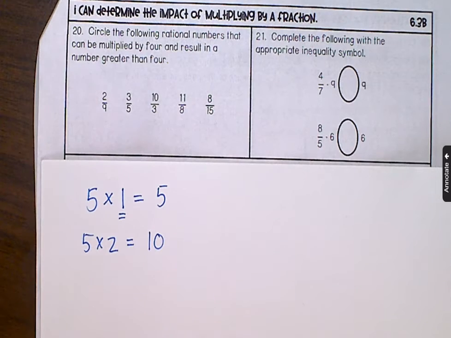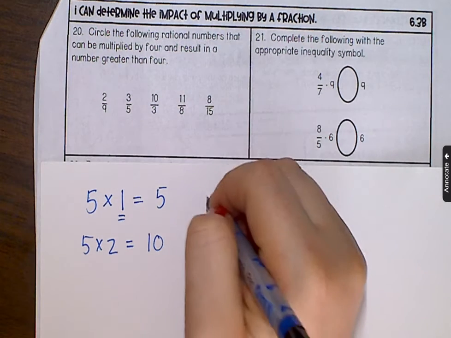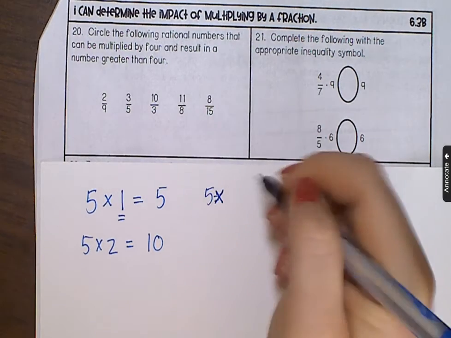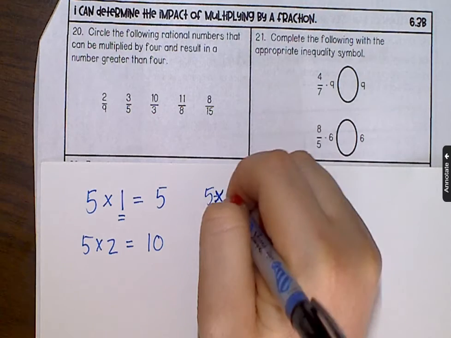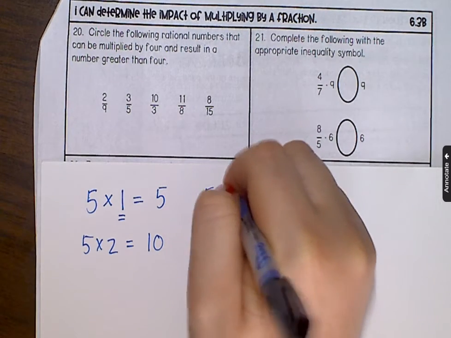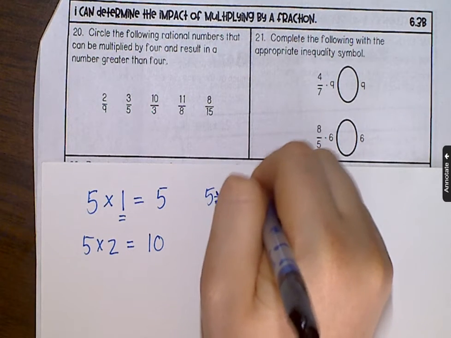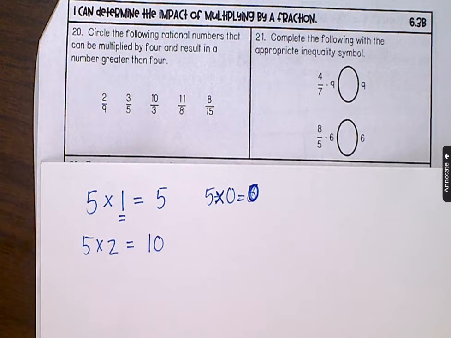So one of the misconceptions is that when we multiply by something other than 0 or 1, it always gets larger. But that's not really true. That was true for intermediate, but that's not true for middle school. See, 5 times 0 is not 5, it's 0. That's what I get for trying to think about one thing and write another.